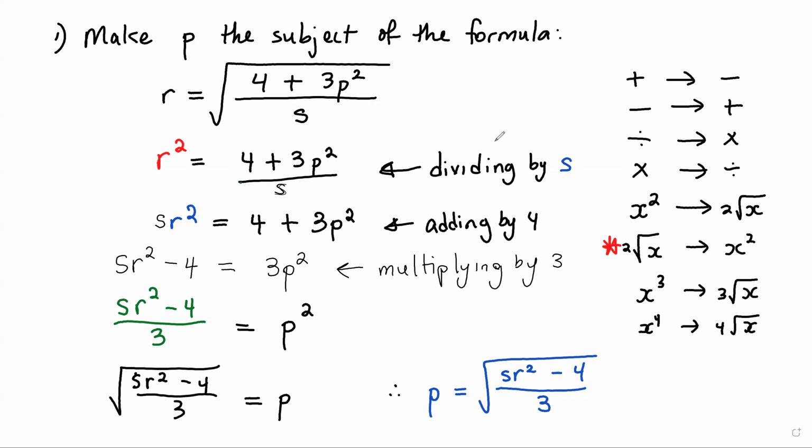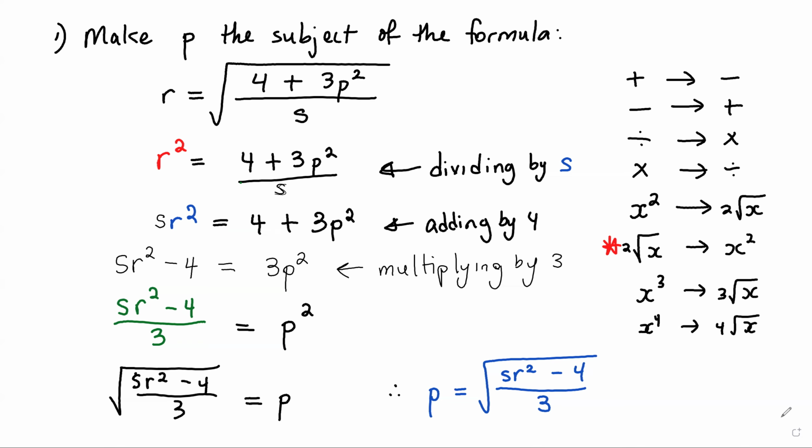So basically backwards though, because first to get to 4 plus 3P squared divided by S, you would first have P, and then you would square P, and then you'll multiply P by 3, then you add 4 to that, then you divide by S, and then you take the square root of all of that. So to undo it, to get back to P, you have to do each of those steps in that order, right?